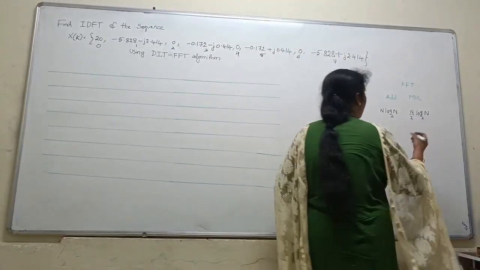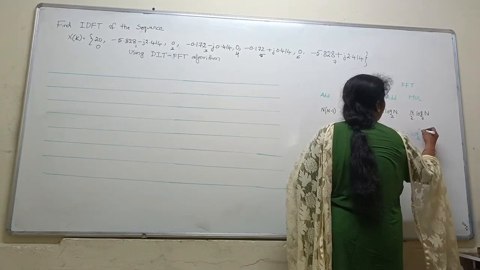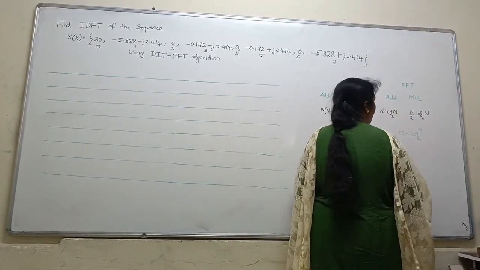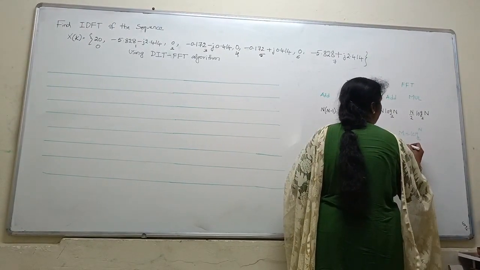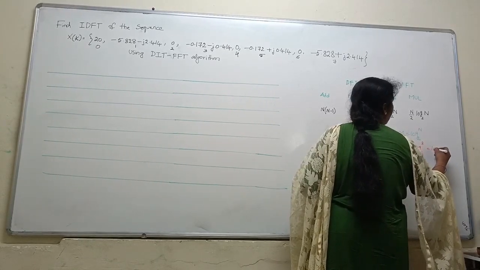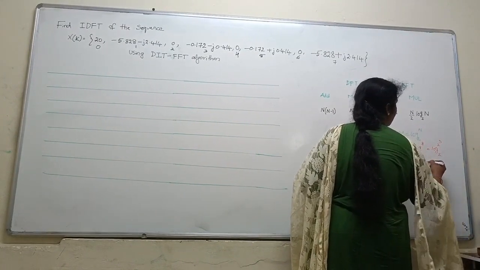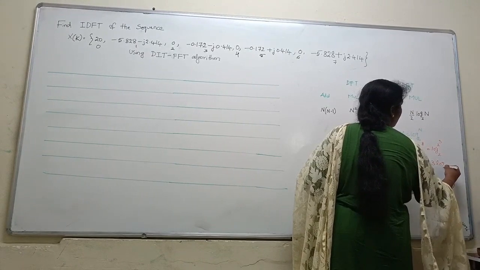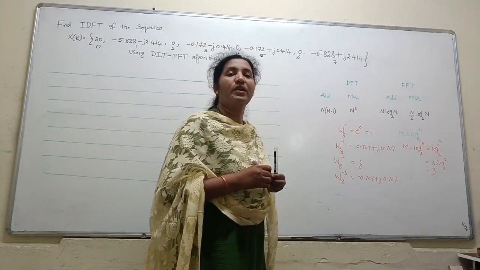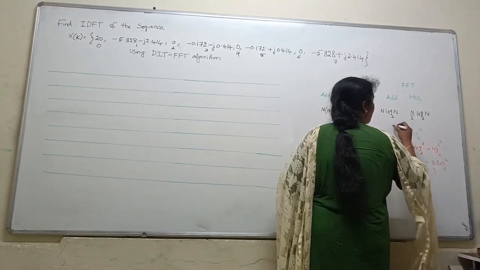That is given by m is equal to log base 2 of N. Now if I substitute N is equal to 8, the number of stages m is log base 2 of 8, which can be written as log 2 power 3 base 2, which is 3 log 2 base 2. That means it is equal to 3. So 3 stages are required to compute the DFT. So this is the formula to remember.